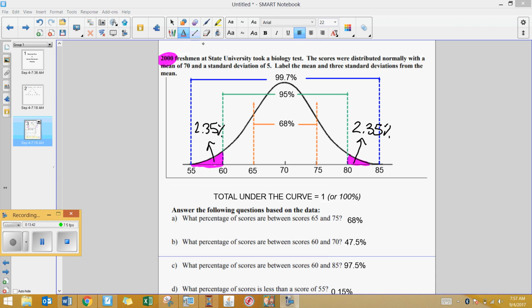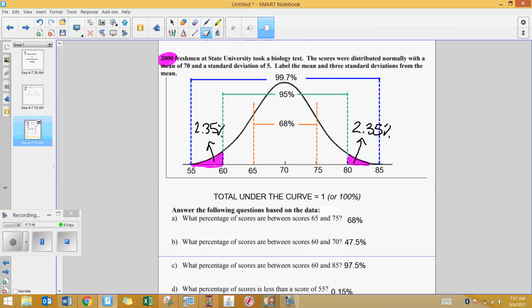Okay, so let's come back up to our picture. Of the 2,000 biology students who took the test, how many scored between 60 and 70? That looks like a familiar portion of shaded curve.